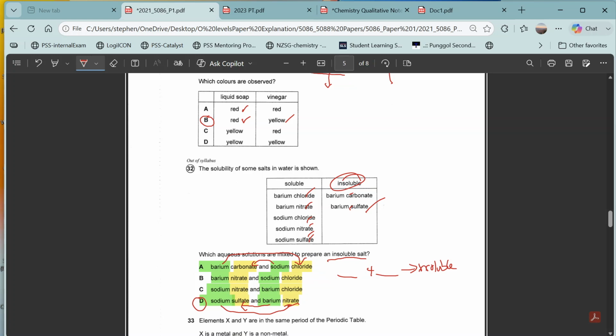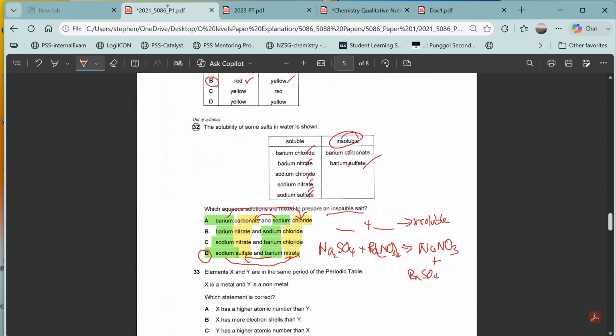So let me write this out for you. You have sodium sulfate added to barium nitrate. You get two salts, sodium nitrate and barium sulfate.